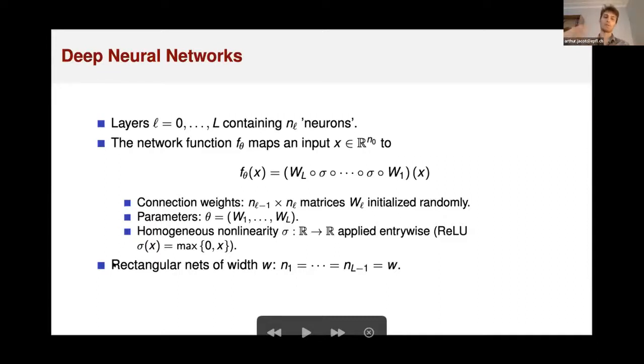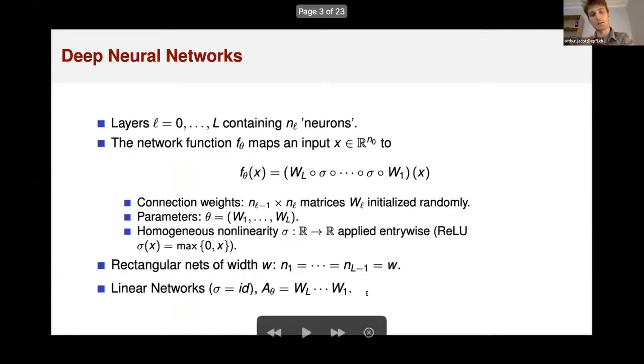I will talk about very large networks, which typically means increasing the width of the network. So I consider rectangular networks where the number of neurons in all of the hidden layers is equal, and then let this W, the number of neurons in all of the hidden layers, grow to infinity. Also, the second result is one that we only showed for linear networks.